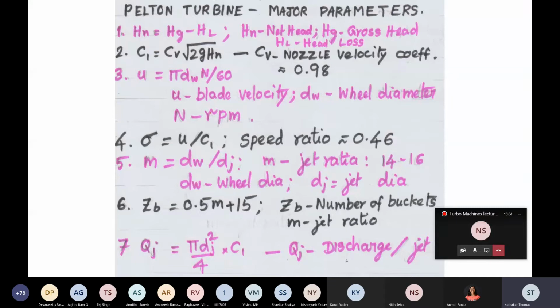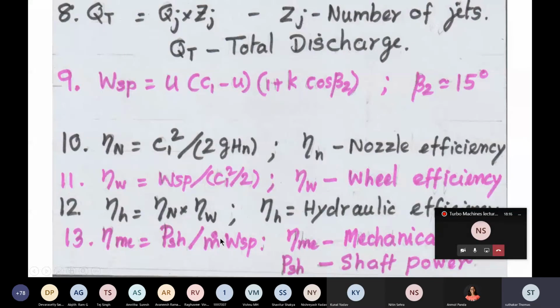So I said maximum up to 6 are there. So when the total discharge is Q total, the Q jet will be total discharge divided by number of jets. So Q total is equal to Q jet into Z jet. Z jet is number of jets, and Q total is the total discharge.